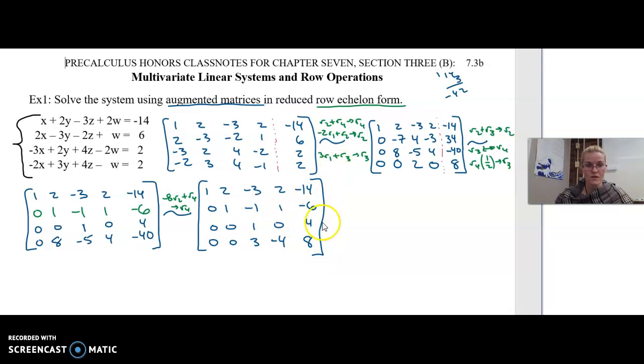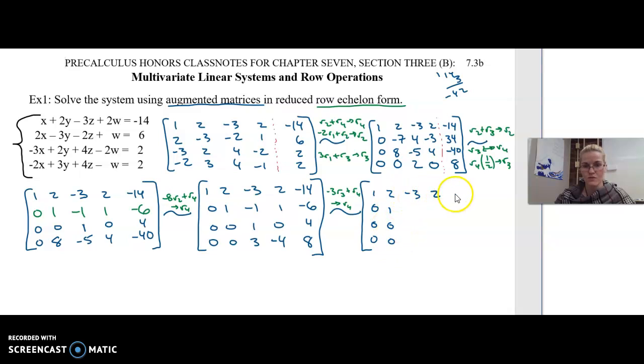And so, moving on, I'm now going to multiply row 3 by negative 3. So negative 3 row 3 plus row 4, and I'm going to put that back into row 4. So again, copying everything else. 1, 0, 0, 0. 2, 1, 0, 0.